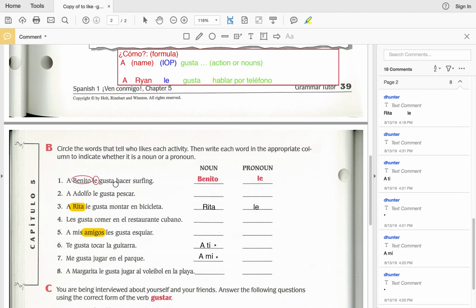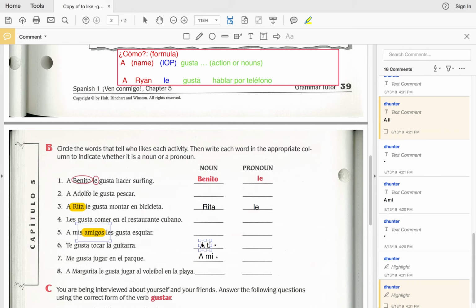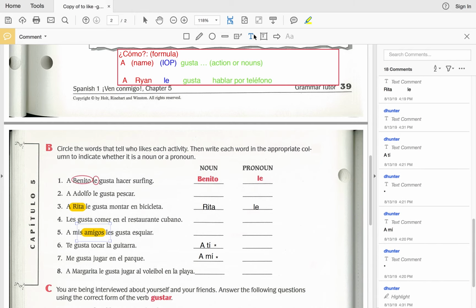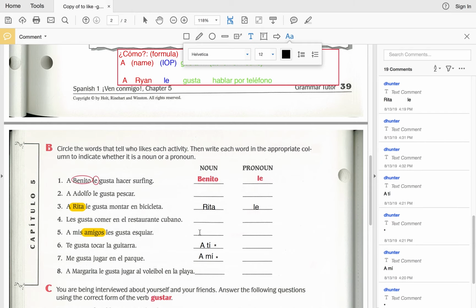You could switch out they for amigos, so you would use les. So in this space here, you would write amigos as our subject, and then les. Again, amigos and les go together because they both could be used in that they context.